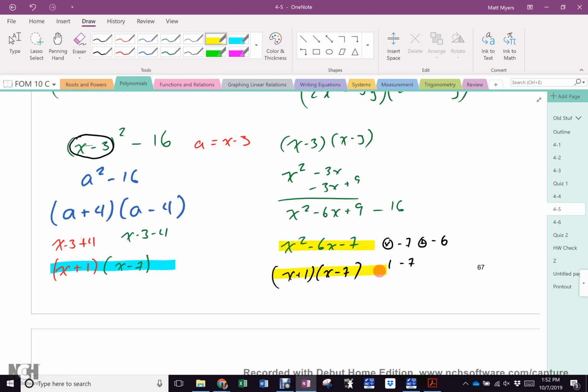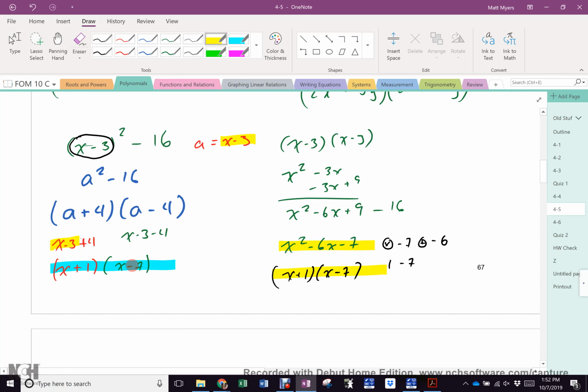All right? Jacqueline. In the first equation of 3a's, why did you have negative 3 twice? Because a was x minus 3, right? So x minus 3 plus 4, negative 3 plus 4 is 1. And then I have another a, so it's x minus 3, and the negative 3 minus 4 is negative 7.